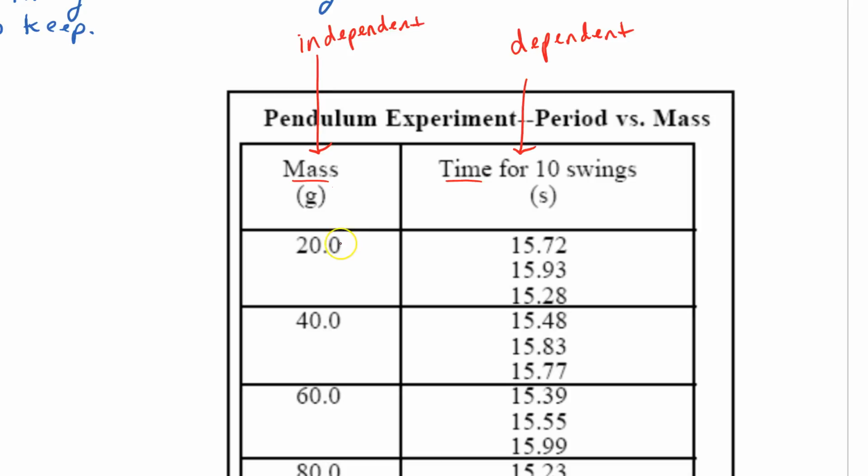Now looking at the entries, looking at 20.0 grams, you might be wondering why they put 20.0 and not just 20. I'm thinking that the scale they used measured to the nearest tenth of a gram, so they included that last zero to indicate how precise their measurement was.